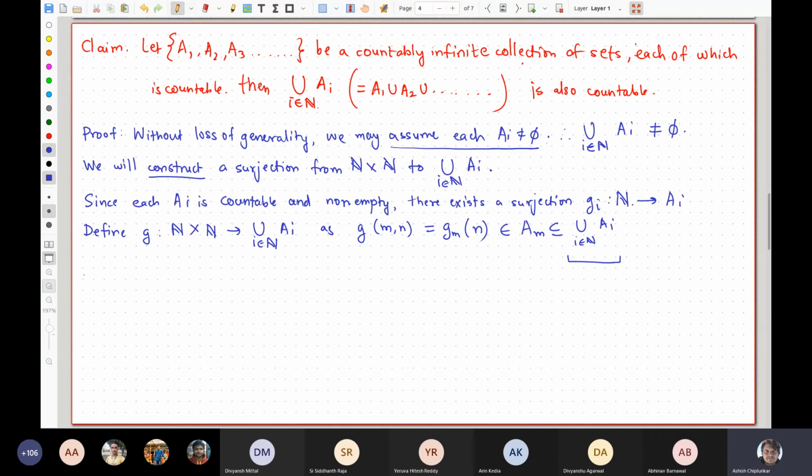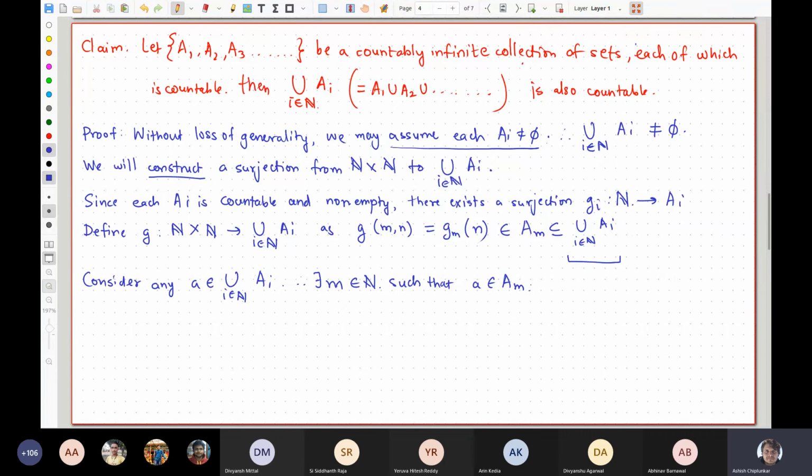So consider any a in the union over i of A_i. Because a is in the union, there exists some m in the set of natural numbers such that a is actually in A_m. This is just by the definition of the union of sets.